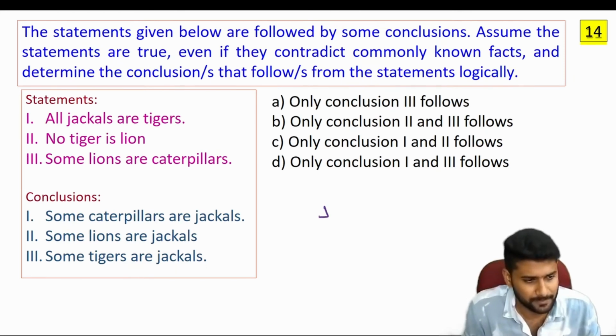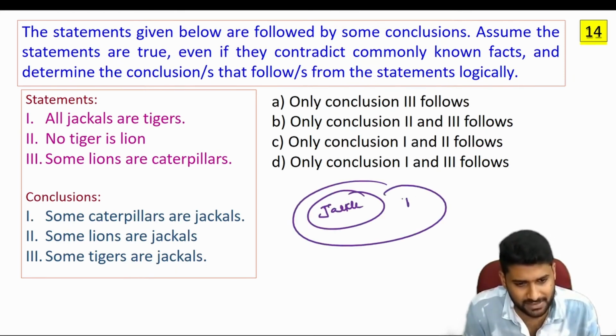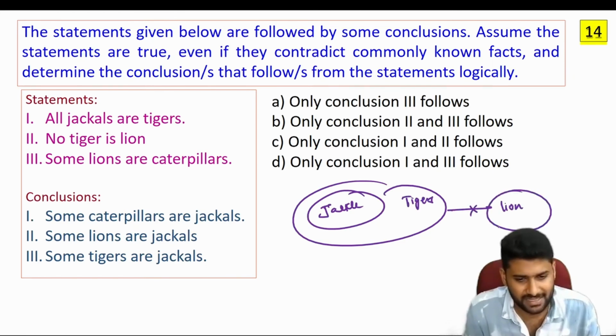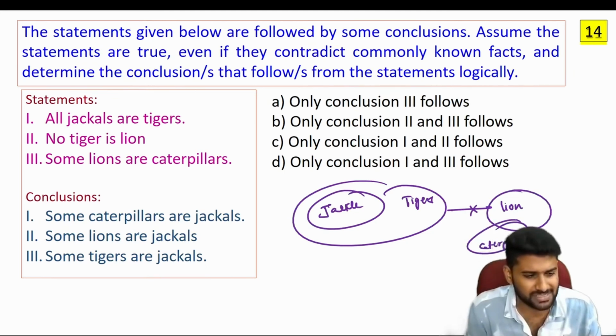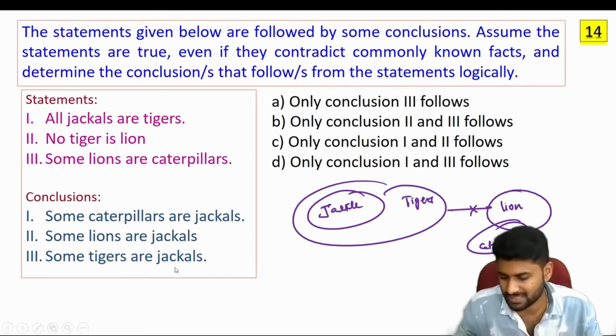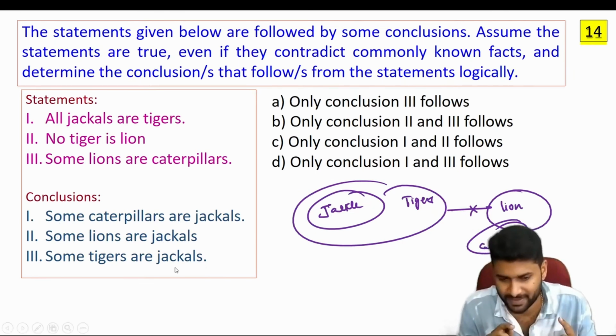Now see, all jackals are tigers. No tiger is lion. Some lions are caterpillars. Go through the conclusions. Some caterpillars are jackals. Guys, any some or all conclusion needs a direct relation in your picture.